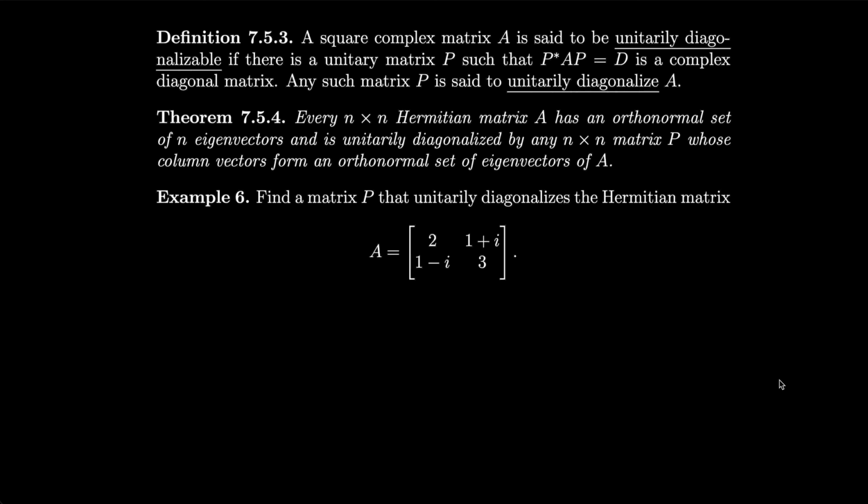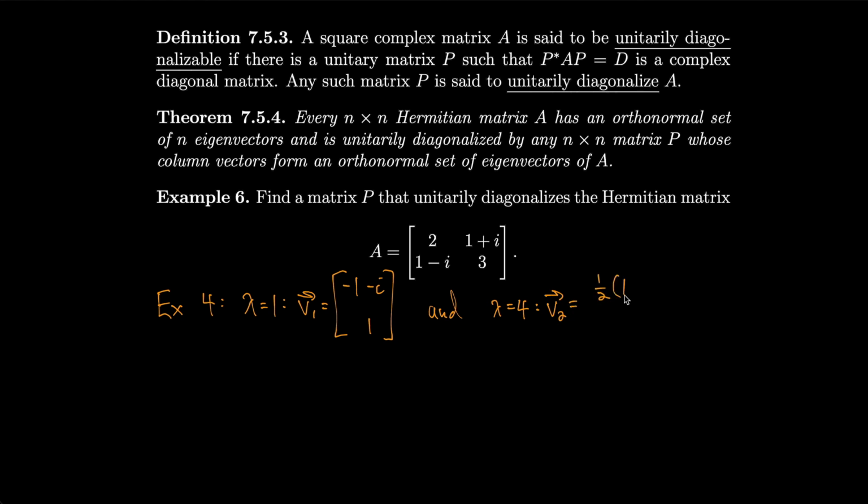Okay, by example 4, we saw that lambda equals 1 gives us an eigenvector v1 equal to (minus 1 minus i, 1), and for the eigenvalue lambda equals 4, we get the eigenvector v2 equal to (half (1 plus i), 1).